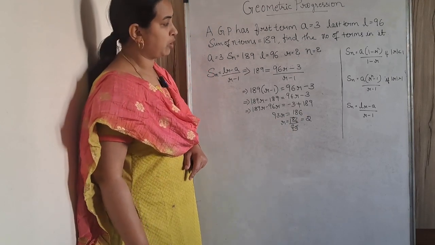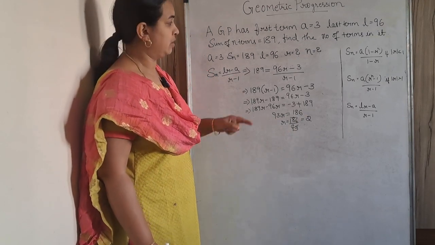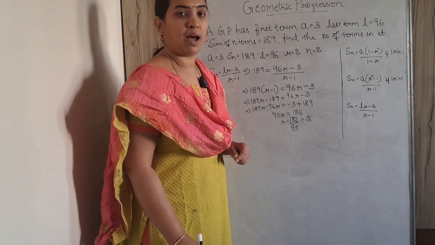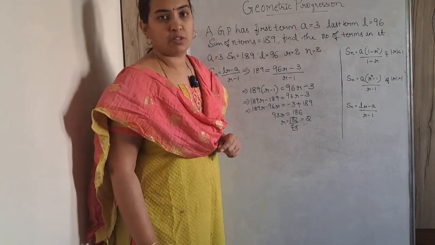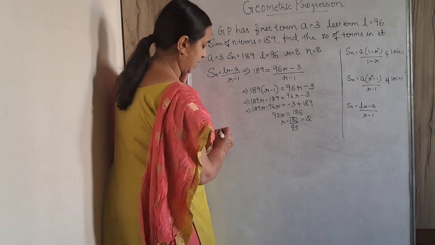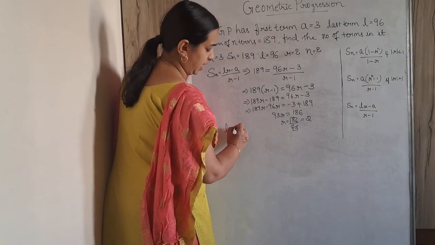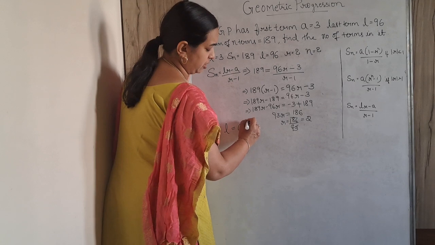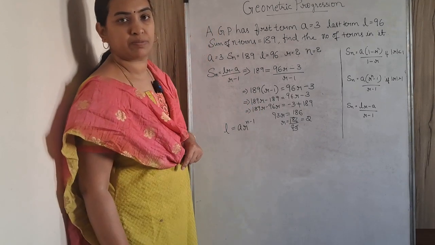Now in order to find the value of n, the last term has been given. The last term in GP is represented as L is equal to AR power n minus 1.